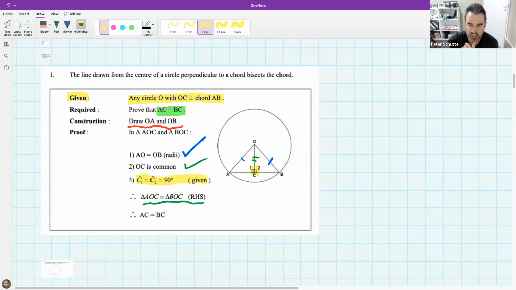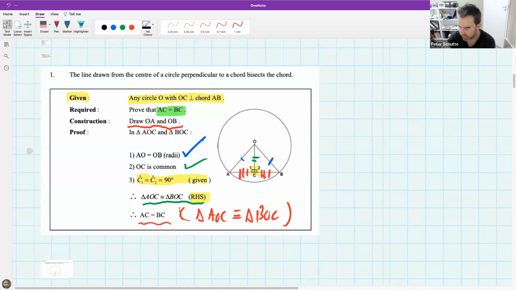So we've got a right angle in both, we've got the hypotenuse in both, and we've got another side. And that's why we use right angle hypotenuse side. Now, once we know that this is congruent to this, we then know that this over here must be equal to that over there. So AC must be equal to BC. And what you sometimes see people write is they literally just write the congruency from above, because the congruency is the reason that we can say that.